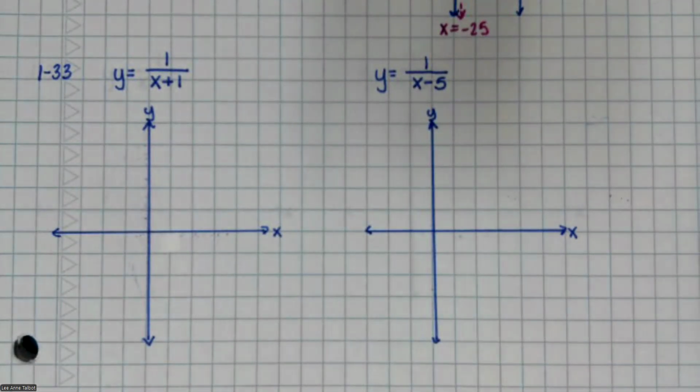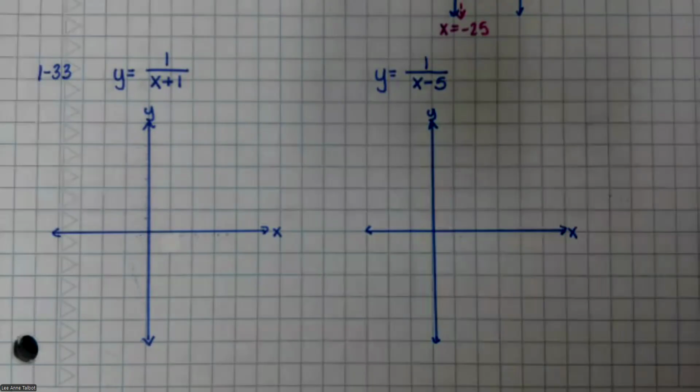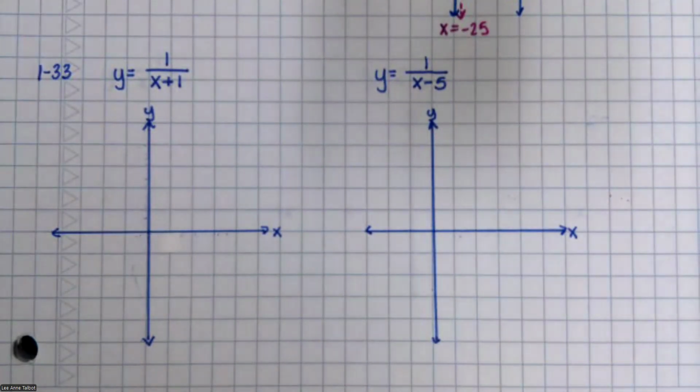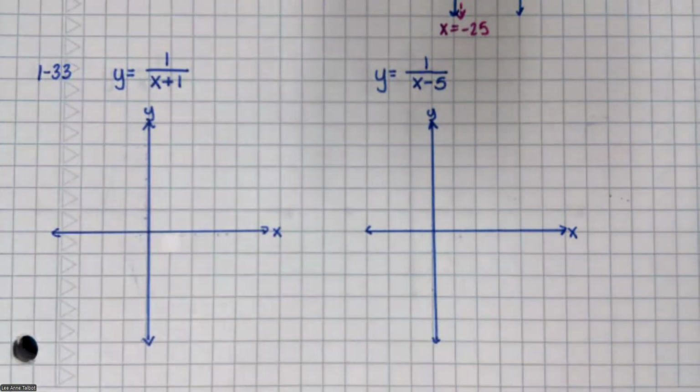I'm going to work out the problems up here myself, and then I'm going to show you the answers. Oh, okay, by the way, you do not need to say rational function, hyperbola, decreasing, and discontinuous for all of them. Let's just do domain, range, vertical asymptote, horizontal asymptote.